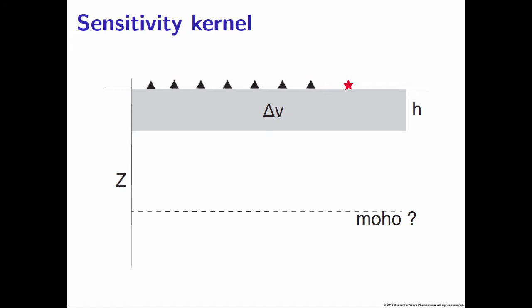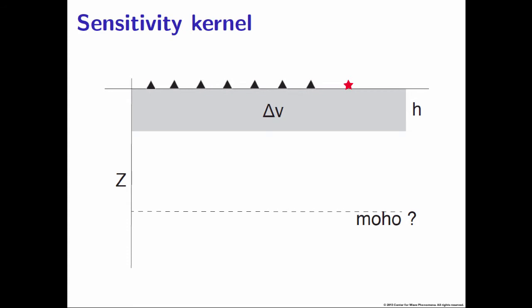This leads to a major question: how do major discontinuities within the subsurface affect your estimation of the sensitivity kernel? One of the major discontinuities within the subsurface is the crust-mantle discontinuity, known as the Moho. The Moho lies about 25 kilometers from the free surface within our monitored region.